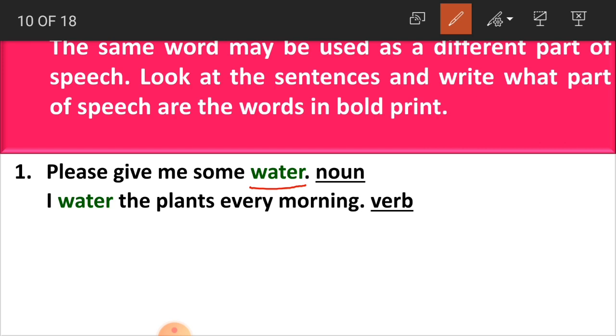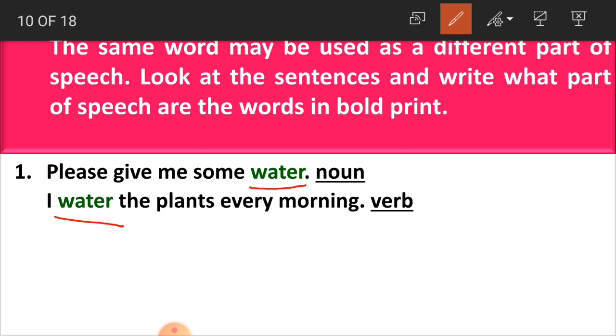So it becomes noun here. And the second sentence, I water the plants every morning. I water the plants in the sense I'll pour water to the plants every day in the morning. That is some work. That is why it becomes the verb here. This same word water becomes the verb here.